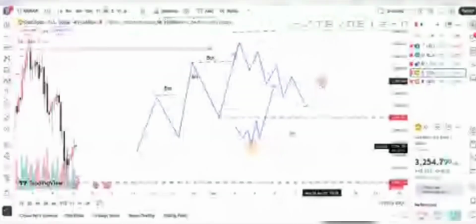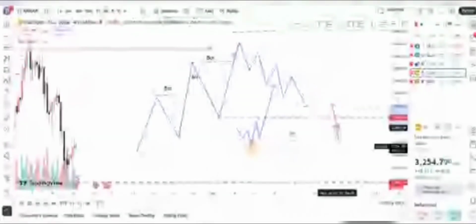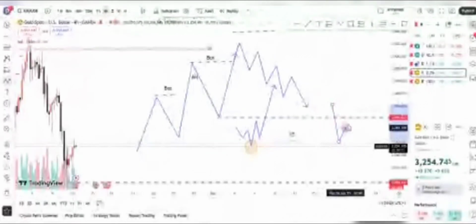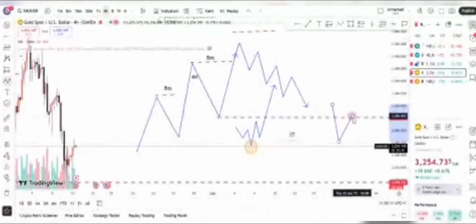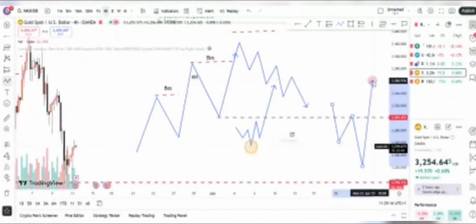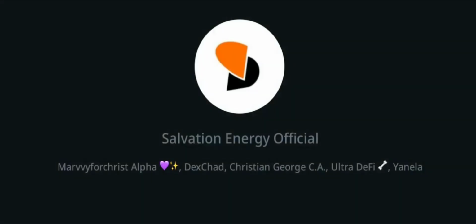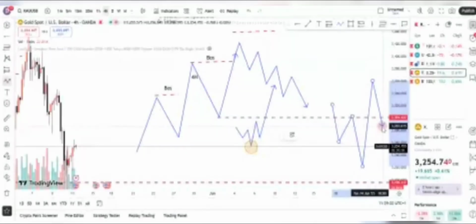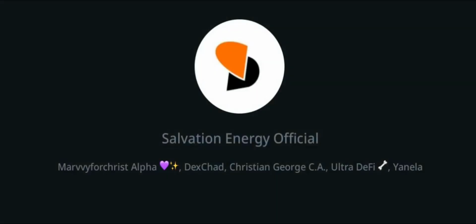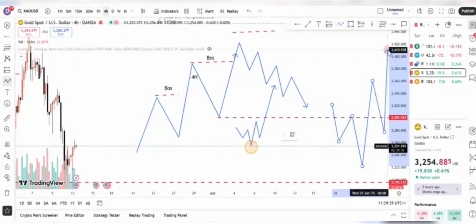You have price coming down like this, and then it retraces a little bit, and then does this, boom, and then boom, and then price moves.